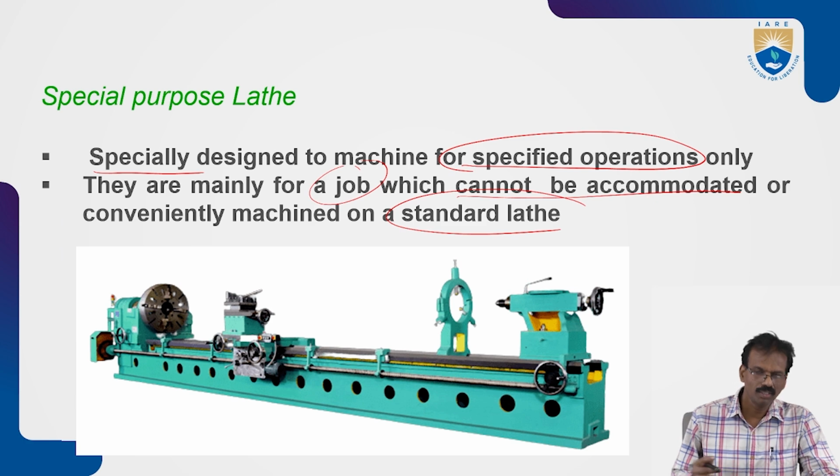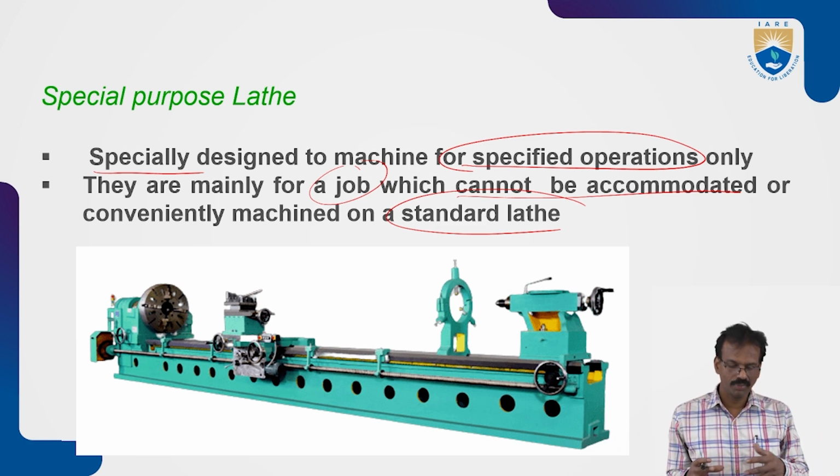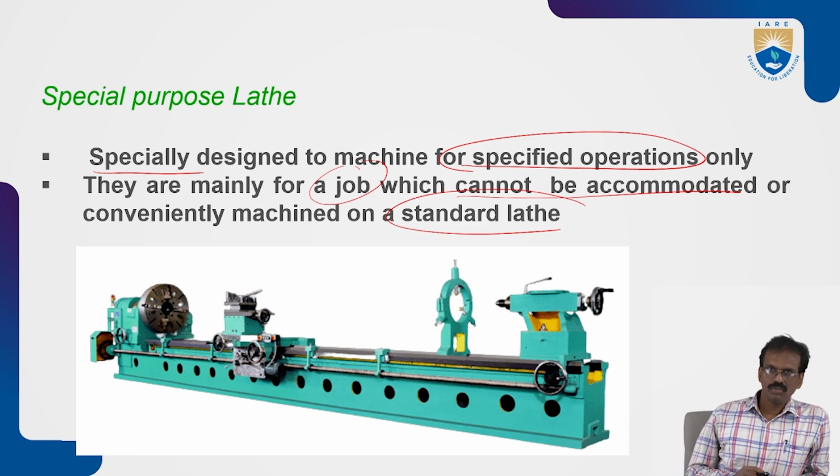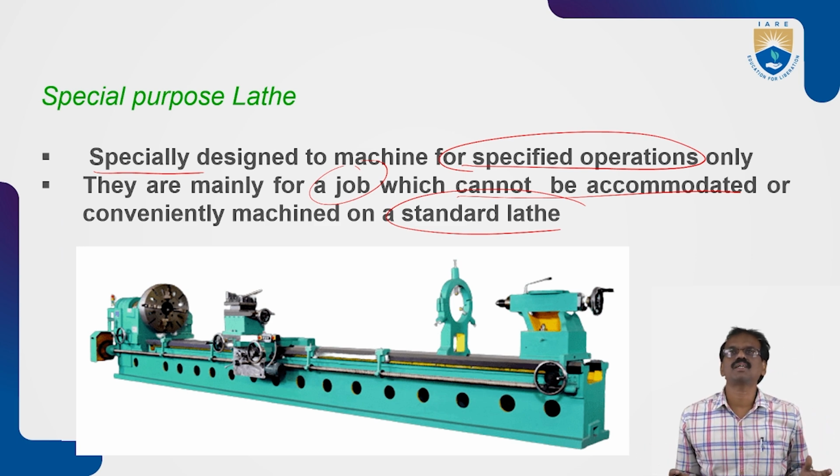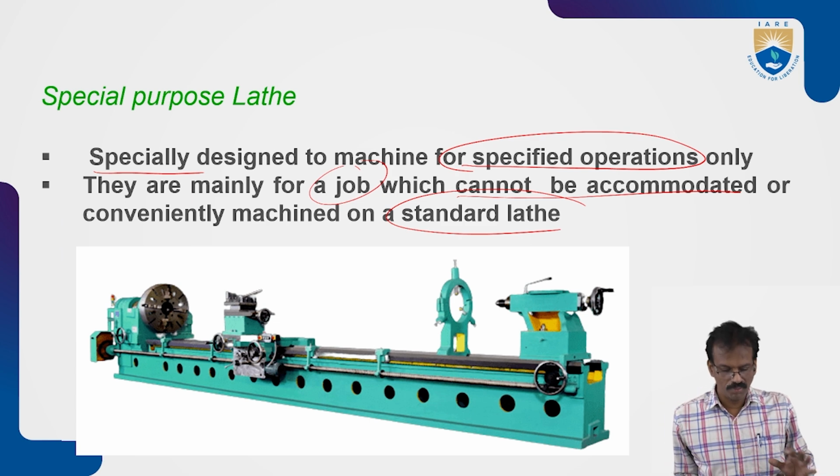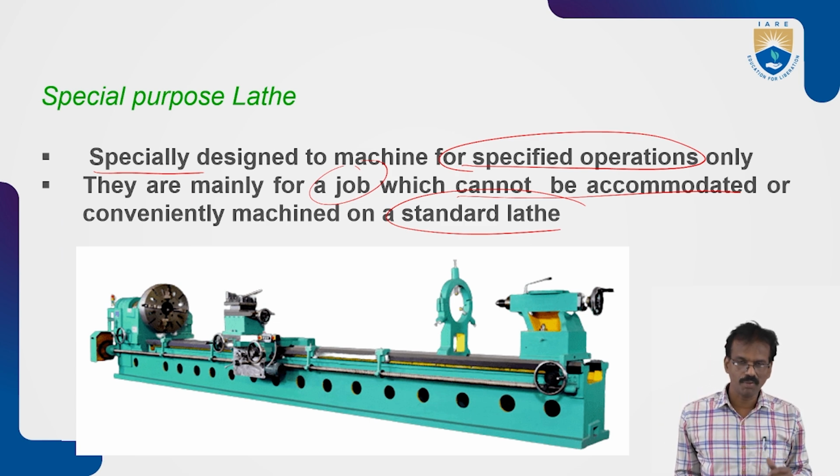You know that. For long bars, for different types of bars, based upon the specification of the standard lathe, those types of workpieces cannot be machined on the standard lathe.